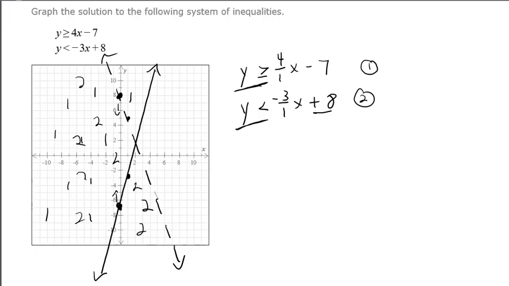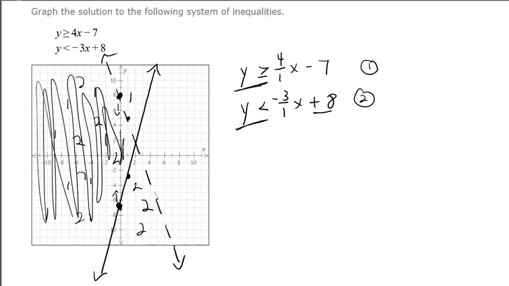Now, the answer to this system is where the overlap occurs between the shaded regions. And that's where I see the numbers 1 and 2. So it would be within these boundaries, it would be all these points in here.